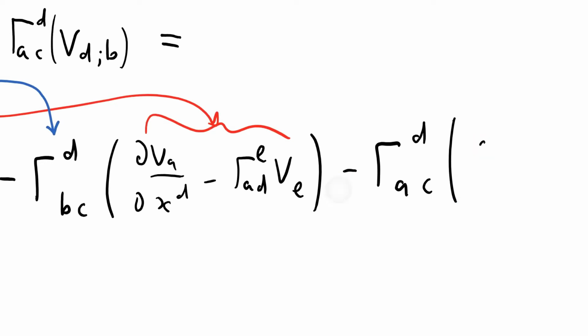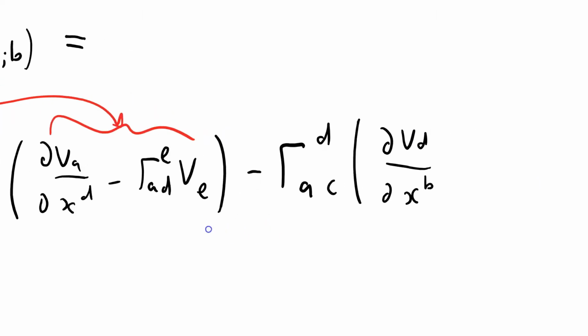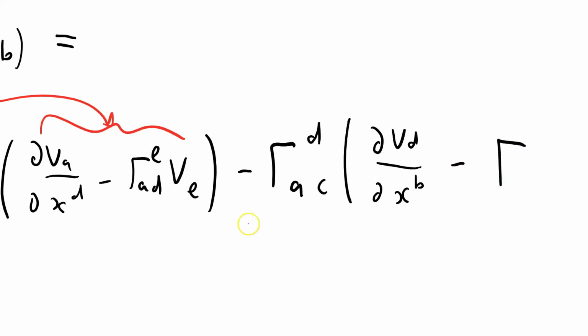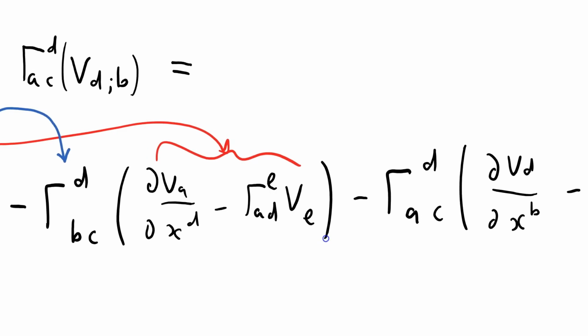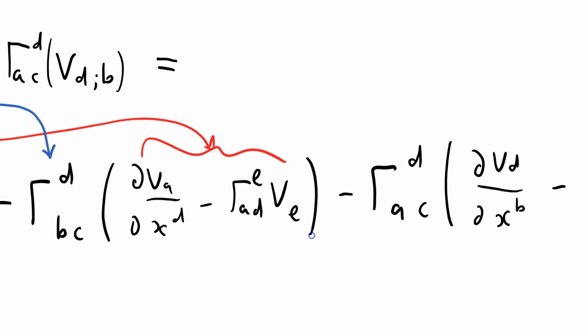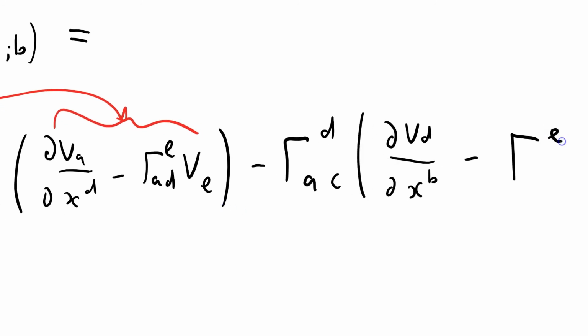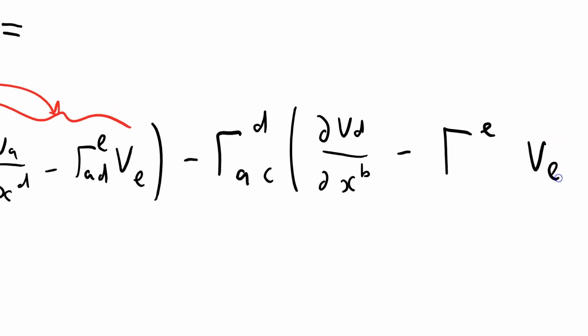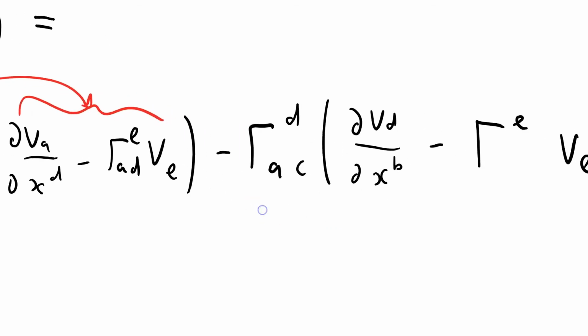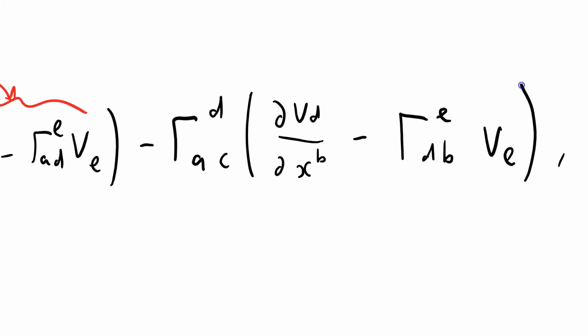Times di VB by di XB. It's a D there. D by XB minus Christoffel symbol, and we're going to contract on, we need an E to contract on VE, and what's left over, we've got a D and a B. There it is.